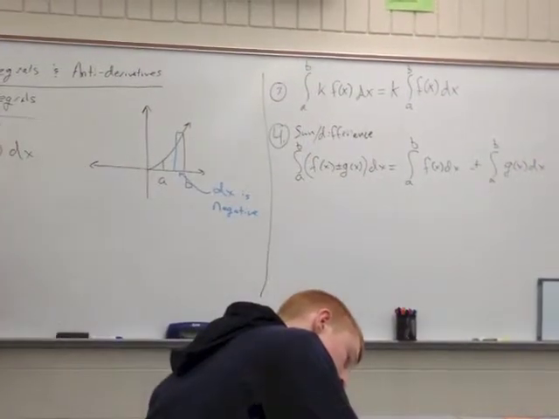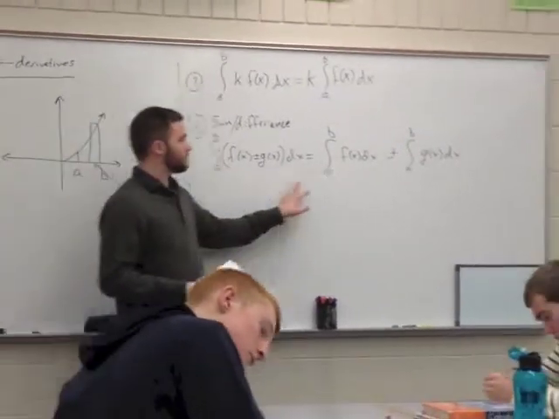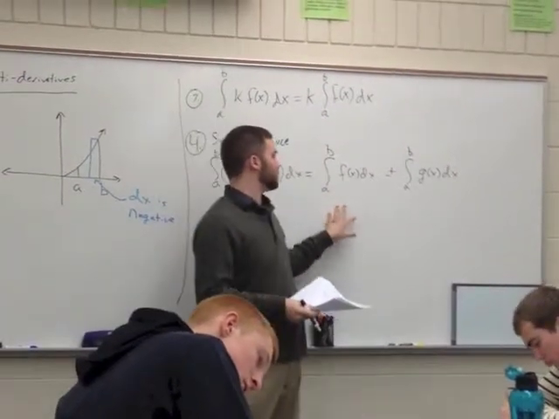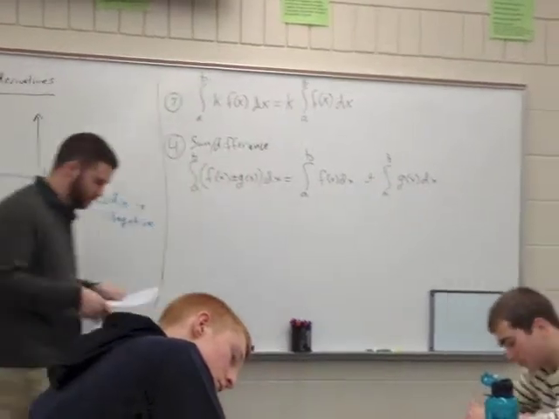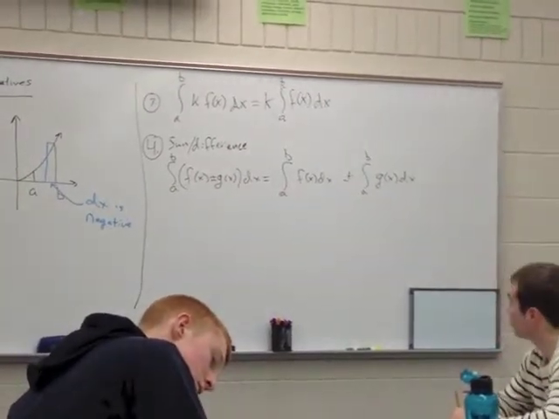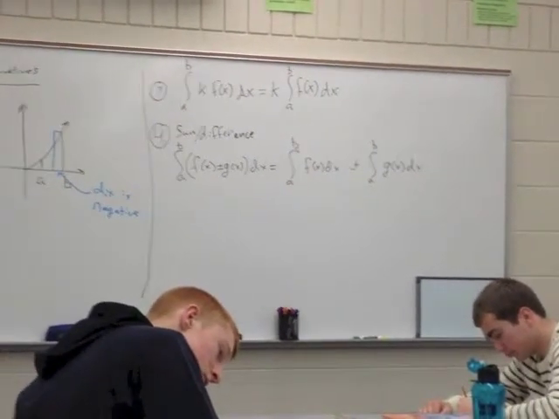In other words, if I've got the sum of two functions that I'm trying to integrate over, I can break them up: the integral of the first function plus the integral of the second function. Obviously it works with plus or minus. Questions on 3 or 4?